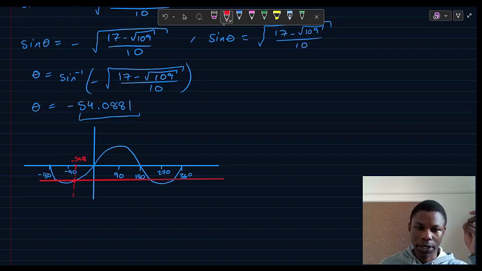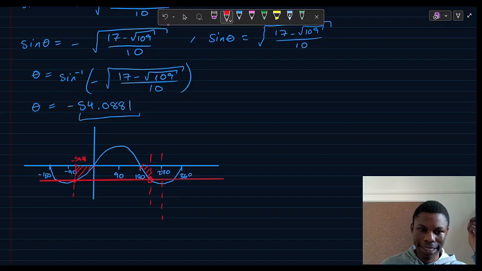So I know that I'm going to have a solution at this point here, which is clearly less than 270. So we want that solution. This solution is now greater than 270, so I'm not interested in that solution. I can tell because of symmetry, this region here would be the equivalent of this region here.